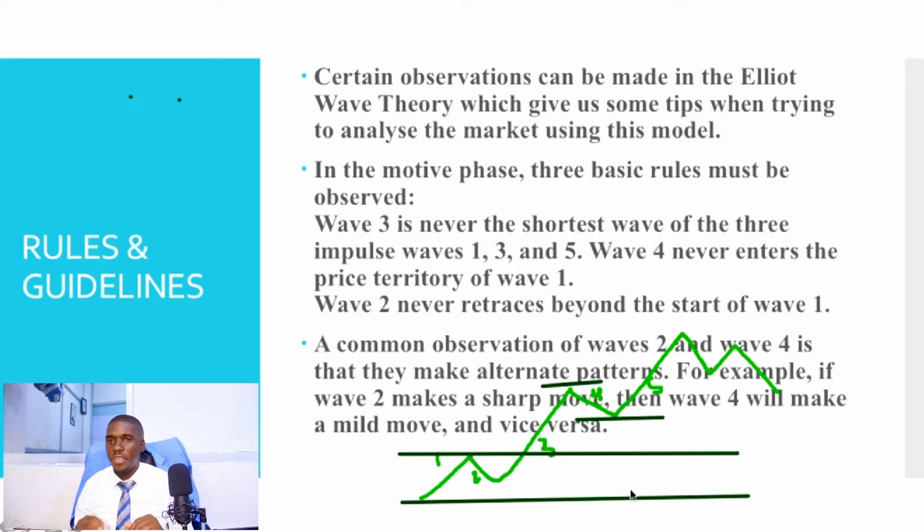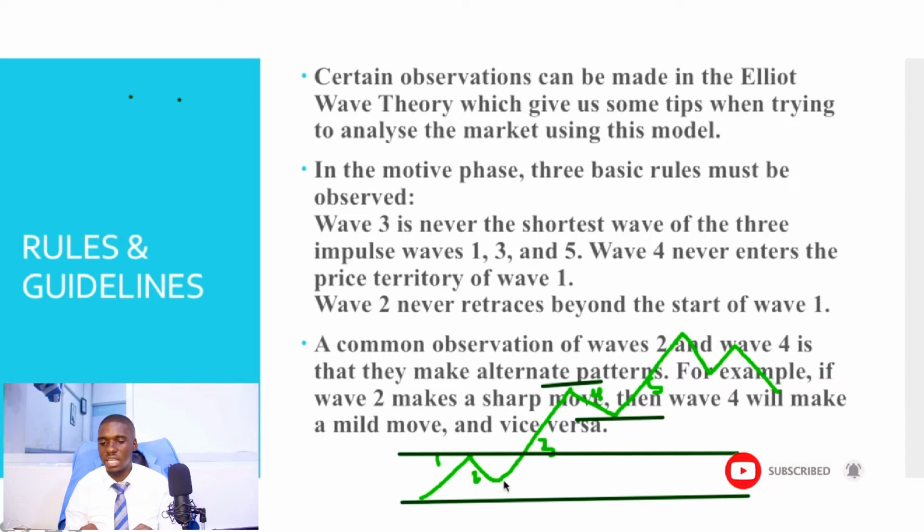Okay, then still, as you're identifying your setup, as you're coming up with your Elliott wave setup, you should again make sure that wave 2 never retraces beyond the start of wave 1. So what do we mean? In other words, this wave 2 should never go beyond the start, or even at the start, of wave 1. Okay, so this is wave 1, this is wave 2.